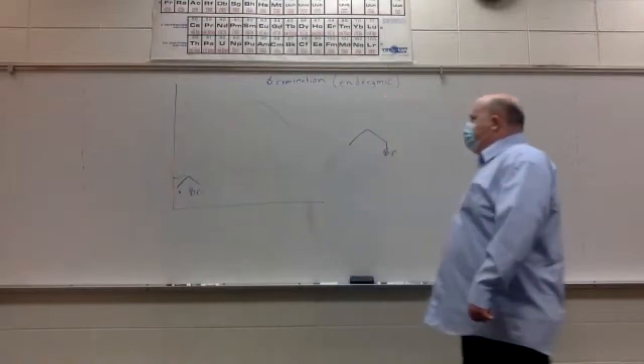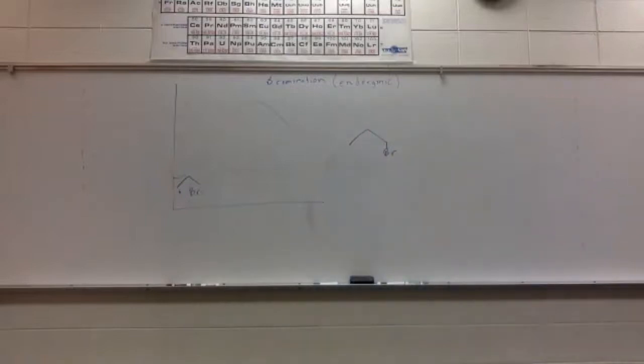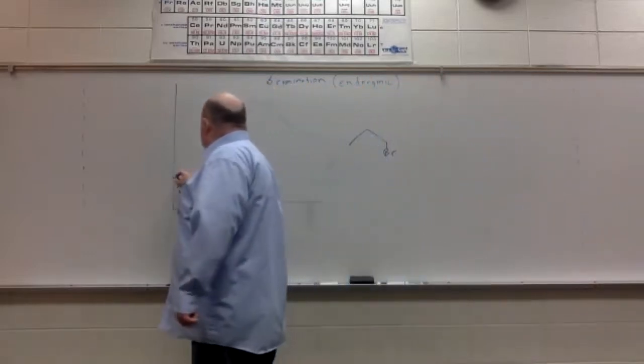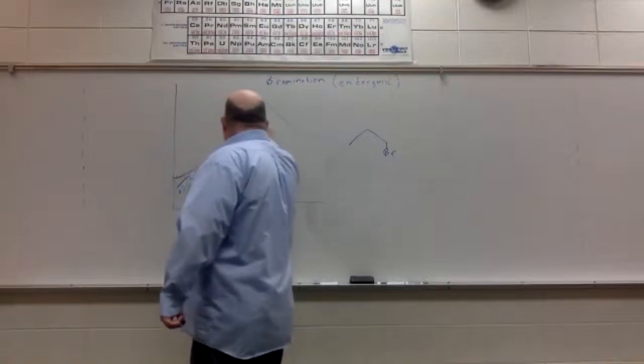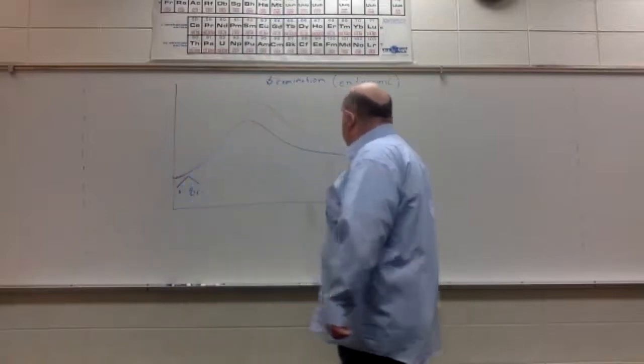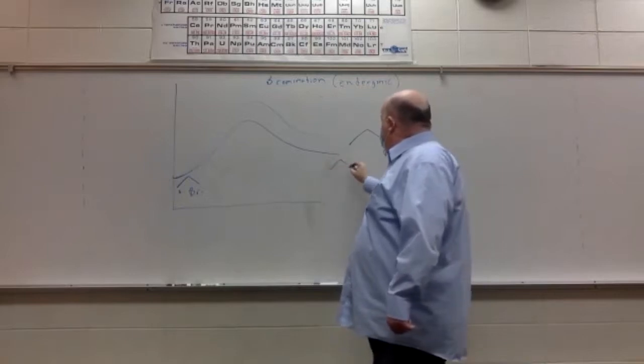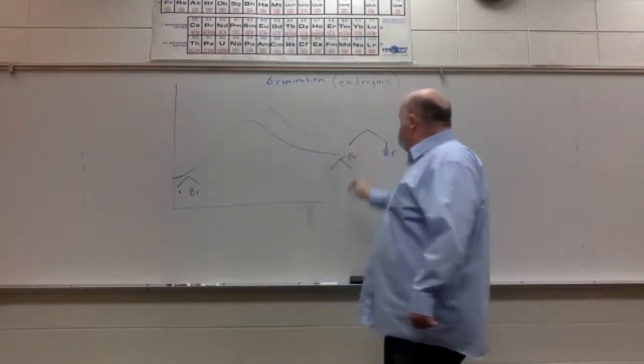You could get this product. So we'll just assign this curve right here to bromination of the very end. And we'll assign this curve to bromination of that middle carbon.